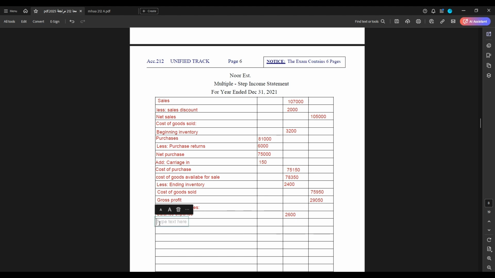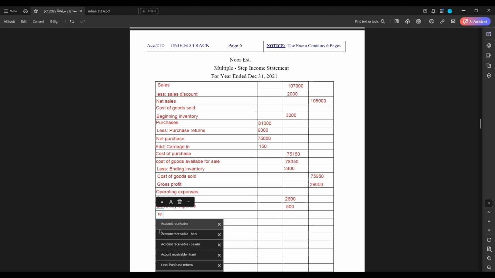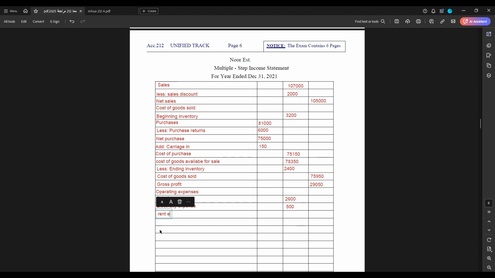Then we'll add electricity expense 500 and rent expense of 300.